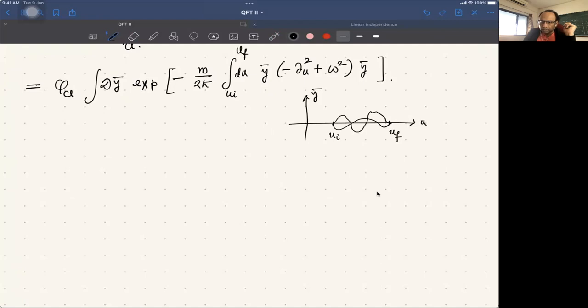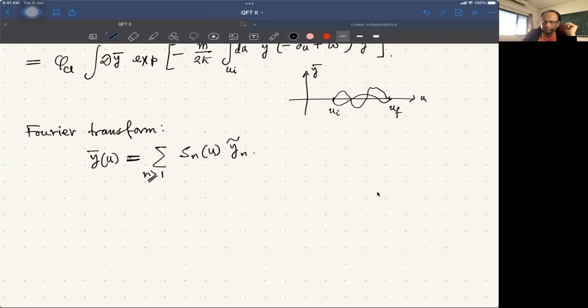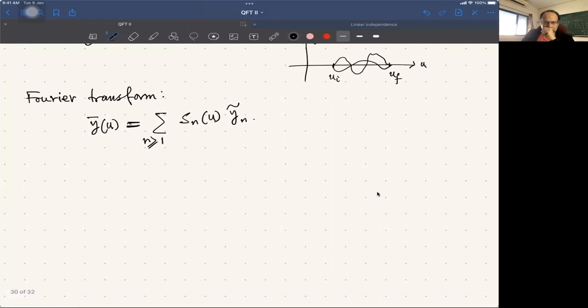So if you do a Fourier transform, then you can write y bar of u to be equal to the sum over n greater than or equal to 1 of Sn of u times y tilde n, where these Fourier modes Sn of u are proportional to sine of n pi times u minus ui divided by uf minus ui.